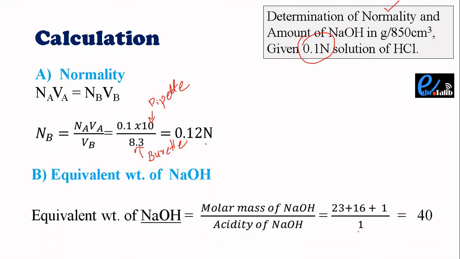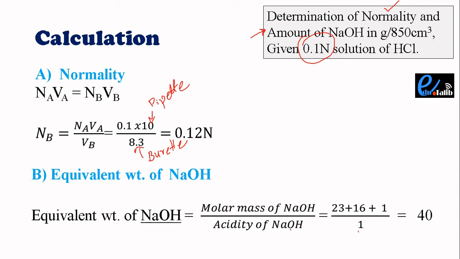Next, the B part, calculating the equivalent weight of NaOH. In order to calculate the amount of NaOH, we have to find out the equivalent weight of NaOH first. So the equivalent weight of NaOH, what is the formula? This is the molar mass of NaOH divided by the acidity of NaOH.